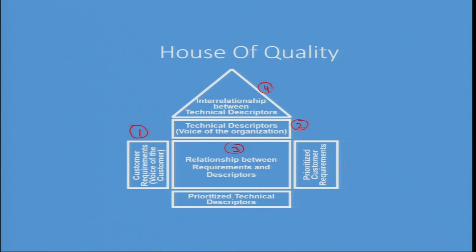And then we see whether some features need to be improved or we should keep them as they are. Similarly, we will see our processes with alternate technical descriptors, maybe of competitors or other technologies, to benchmark which processes need to be improved and which processes we should keep as they are. So, this is the house of quality. Now, we will see some examples and then the process involved in that.